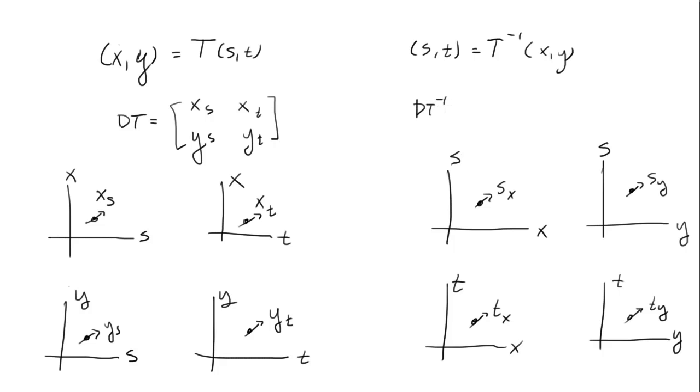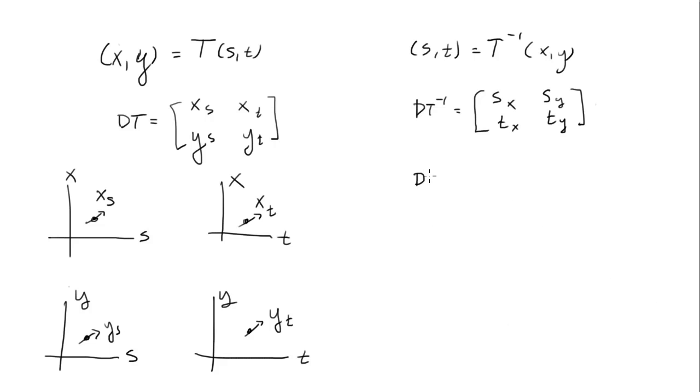And I just record that information in our matrix. So the components are all reciprocals of the components of dT. We're going to be using the transpose matrix when we rephrase things as operators.